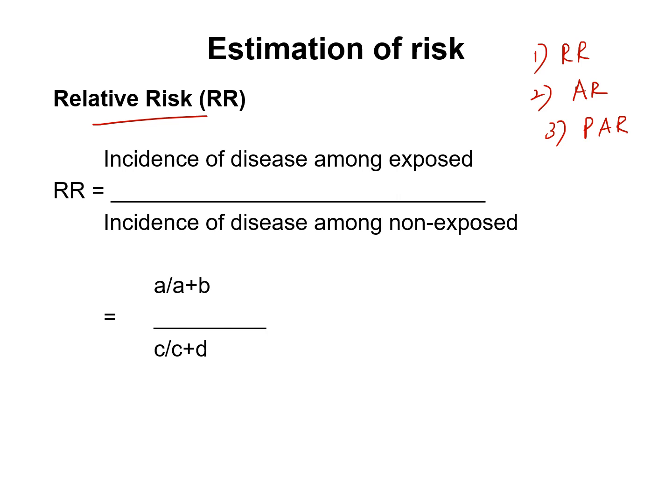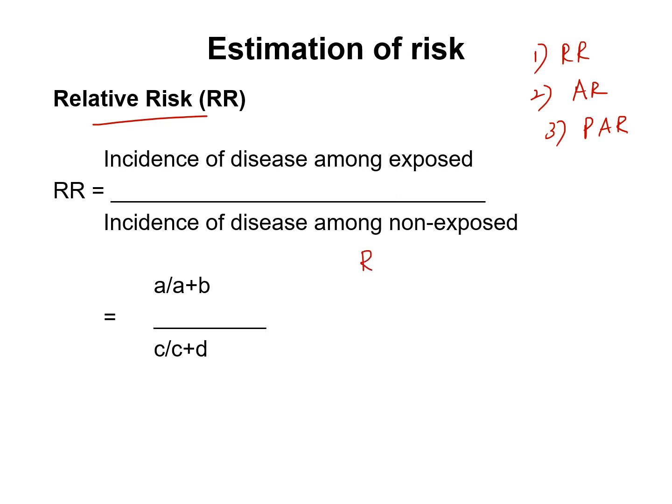We have already discussed that the incidence among exposed is A by A plus B, and among non-exposed is C by C plus D. So the ratio between these two is your relative risk, which is A by A plus B divided by C by C plus D.